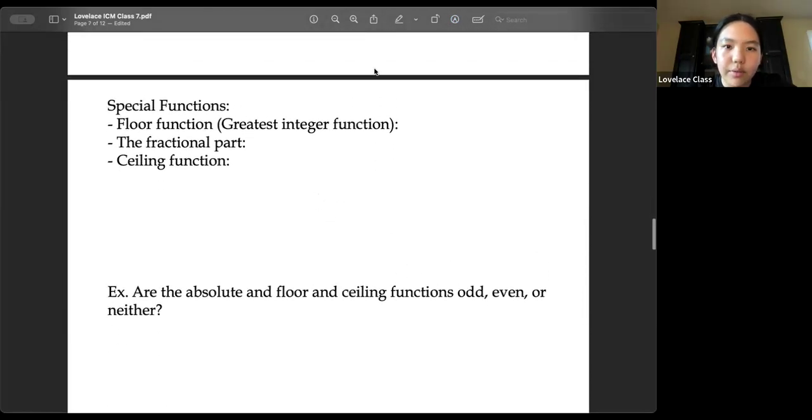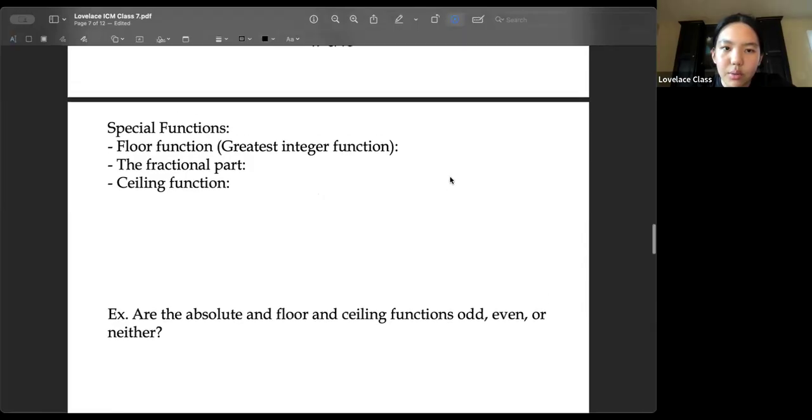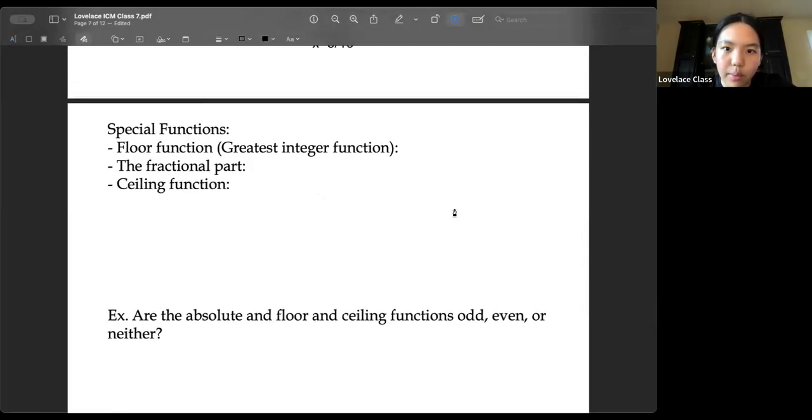Next special function, we have the floor function. It's hard to format, so I'm just going to write it. The floor function, if we define it as f of x, is f of x equal to this symbol.